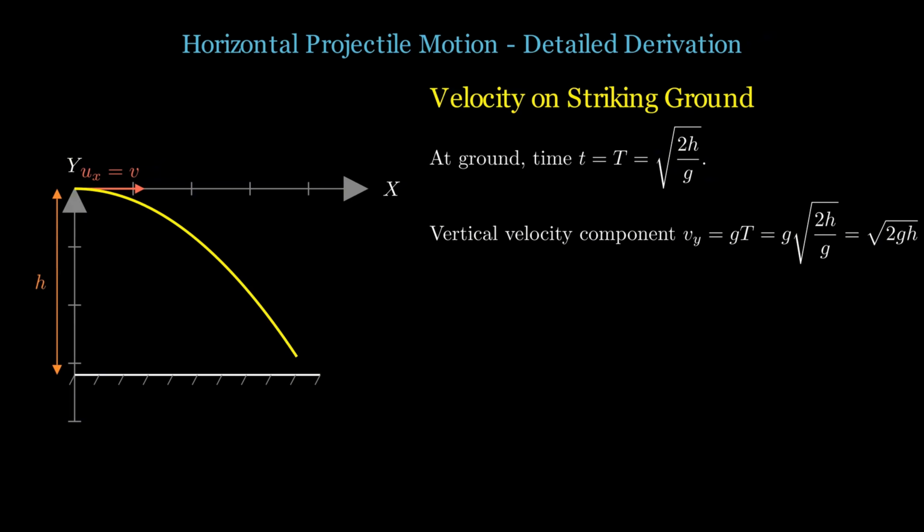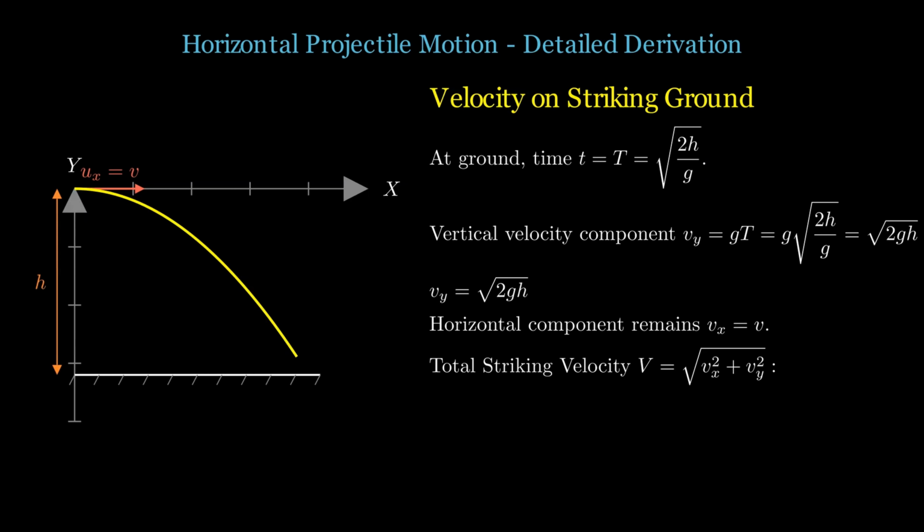Simplifying further, we get it as √(2gh). The horizontal component always remains the same, which is equal to v. Therefore, the magnitude of the total striking velocity is going to be the square root of vx² + vy². On substituting the values, we get V as √(v² + (√(2gh))²). V is therefore √(v² + 2gh).